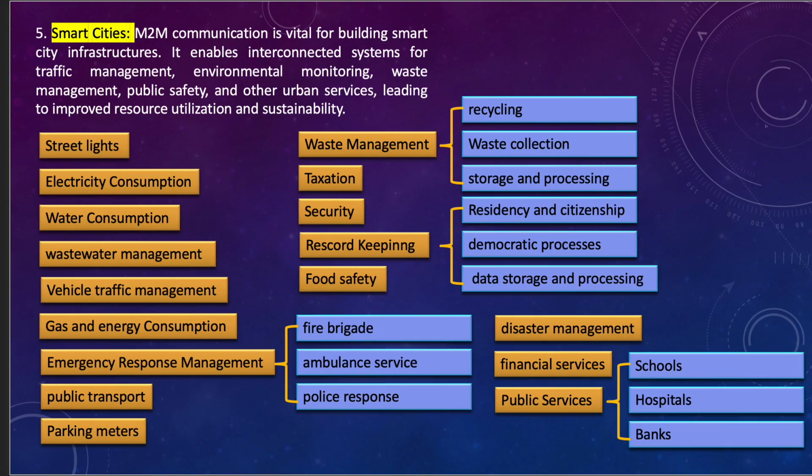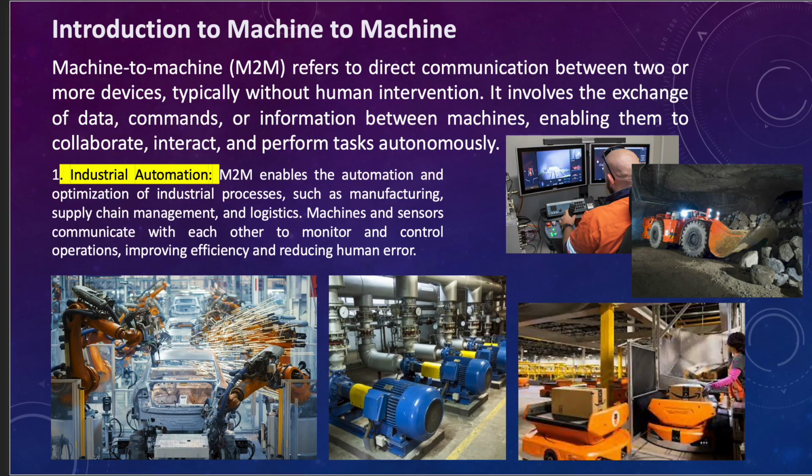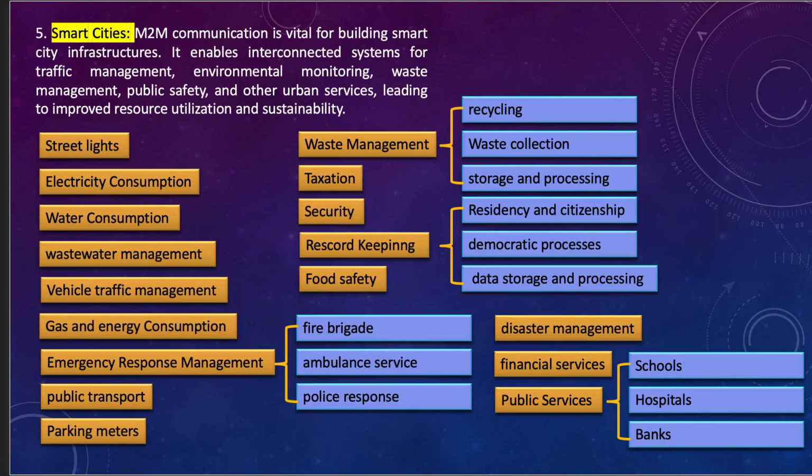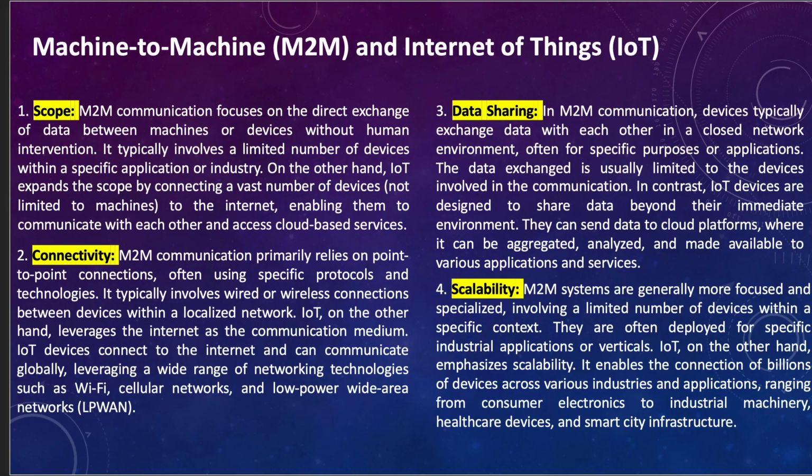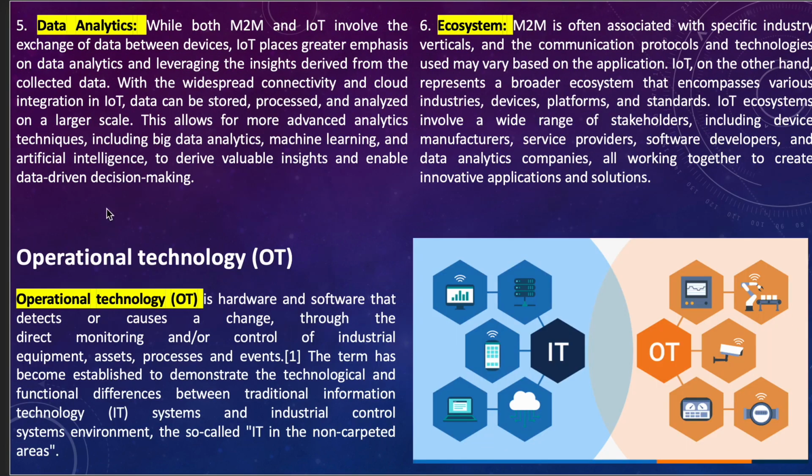So we looked at all these topics, and the main thing we got out of it is that M2M benefits primarily from IoT, and today the line between IoT and M2M has been blurred. But as for the syllabus, we talked about the differences between them: the scope, data sharing, connectivity, scalability, and data analytics and ecosystems.